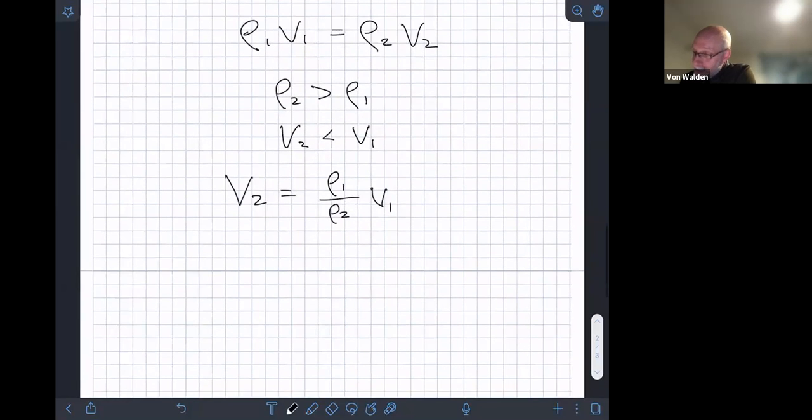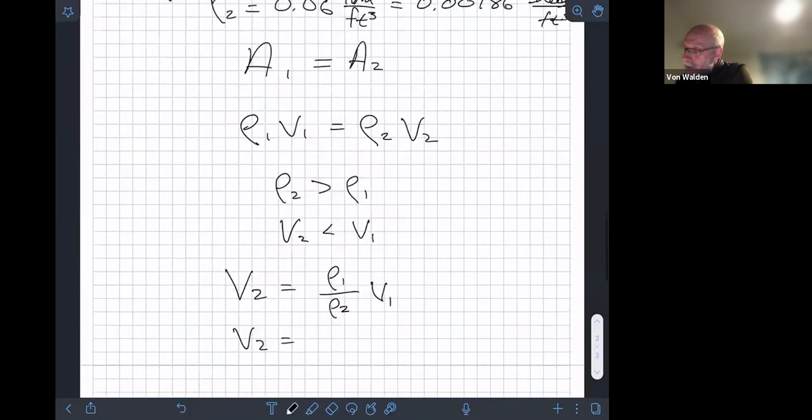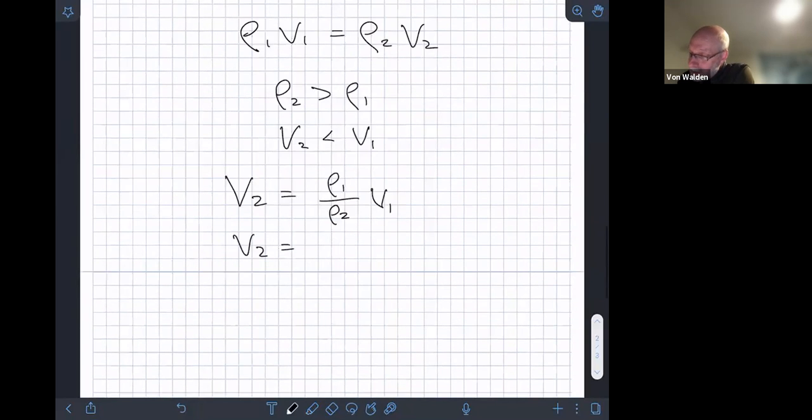So this is just going to be equal to, I'm going to squeeze it in here, 0.000621 over 0.00186, and these are both slugs per cubic feet.